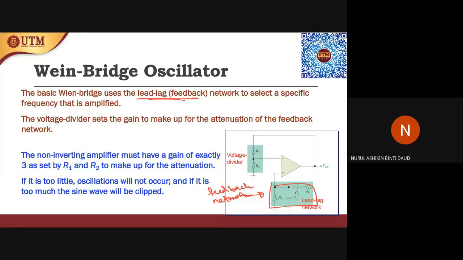What is the function of the lead lag network? The lead lag network is used to select a specific frequency. So the lead lag is able to select the frequency that is needed to amplify the signal inside the oscillator.